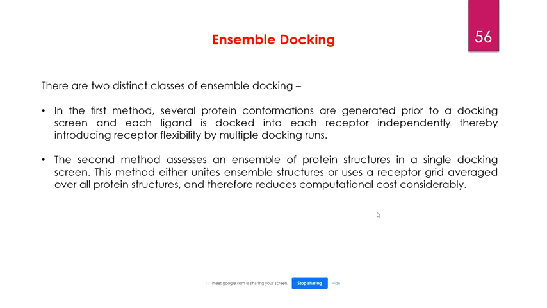Because if you check the multiple conformations, it is going to take a lot of time, because the protein might have 10 different conformations. So you actually have to perform 10 docking experiments to get the idea that yes, it is binding to that particular protein and it is binding correctly.